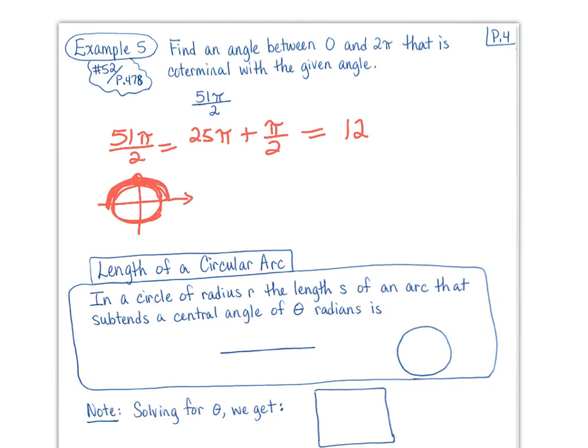So then you add a quarter to that, and you end up here. Good. What you're thinking of is graphically. So you end up at 3 pi over 2. Very good.